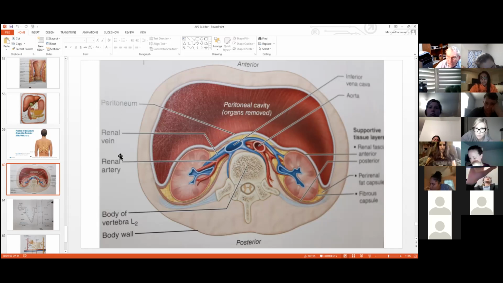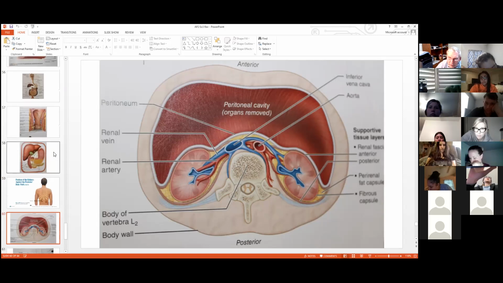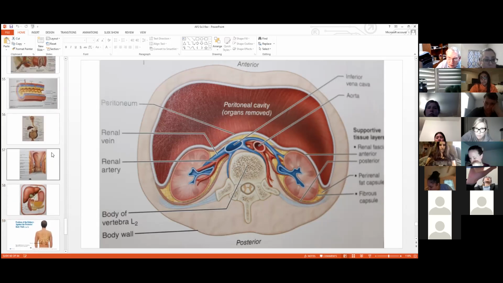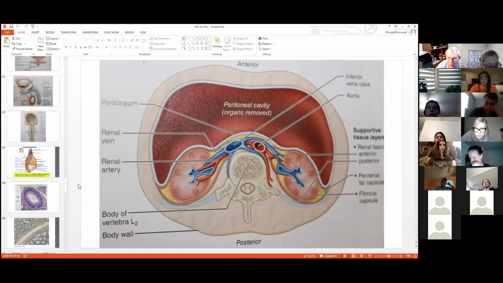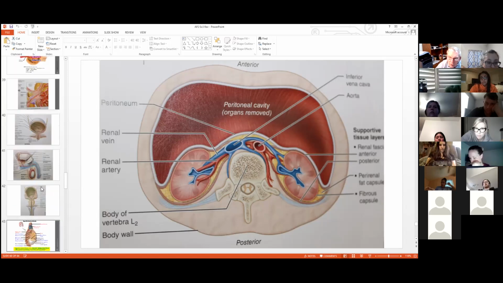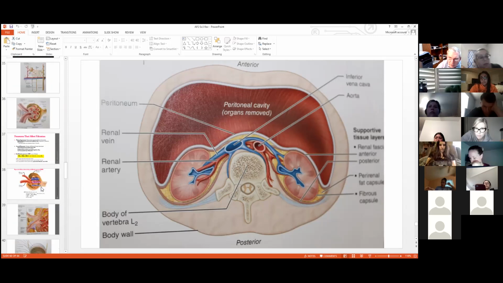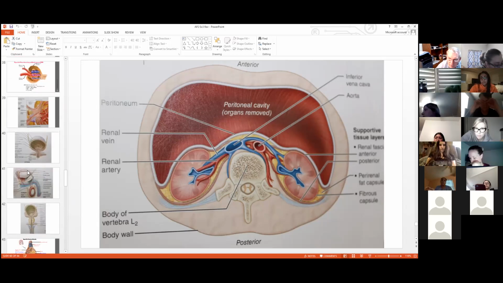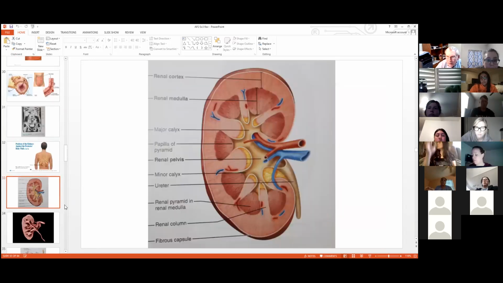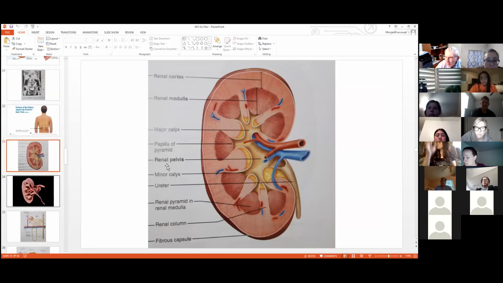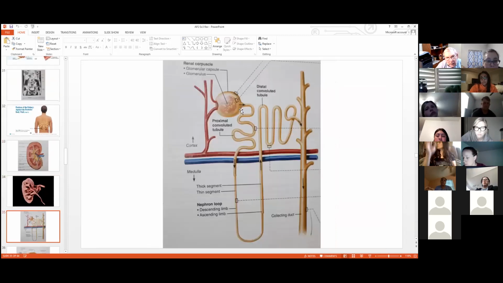When we look at the layers of the kidney, what I would like to do is just trace the passageway of urine from the inside of the kidney to the outside. So if we look at this diagram, remember that the nephron was the beginning stage of the kidney.